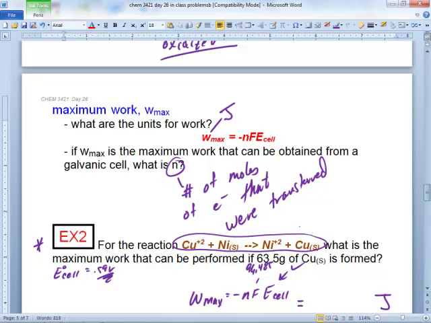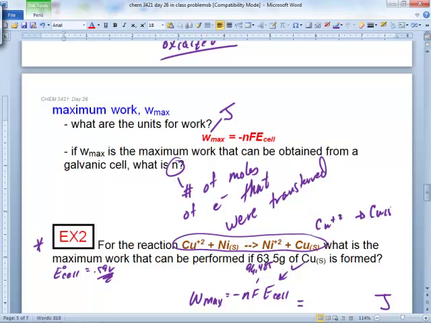You can go to the table and find it, but you might be taking a chance there, because there might be copper solid in more than one half reaction. So you want to make sure you pick the right one. Write the half reactions for this overall reaction, and that tells you exactly which one you want: copper 2+ going to copper solid.